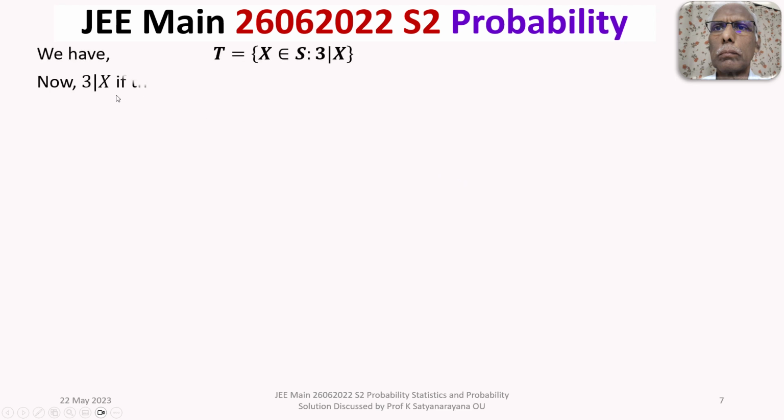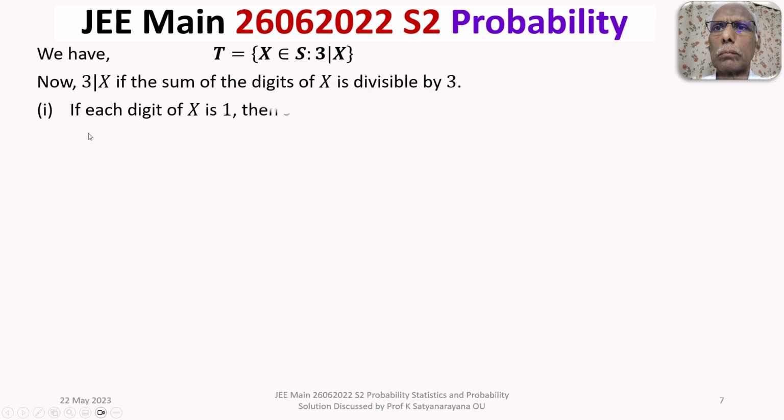Now, what is the divisibility rule for division by 3? Take that number, sum the digits of that number, and if that sum is divisible by 3, then 3 divides X. So let's see who they are.